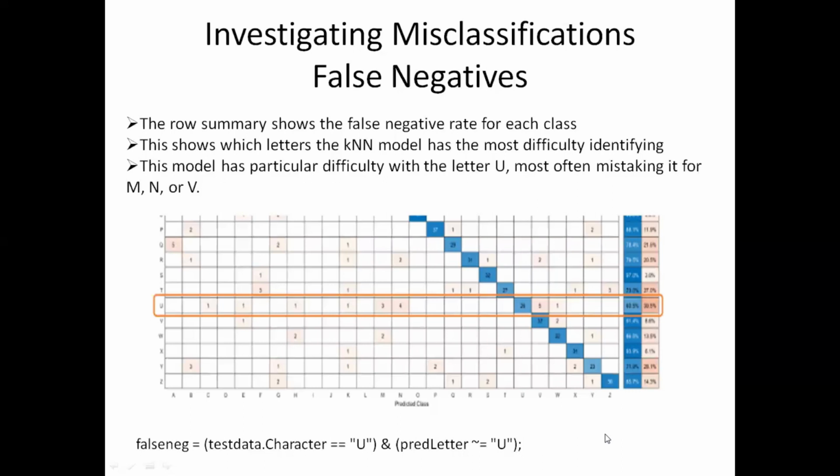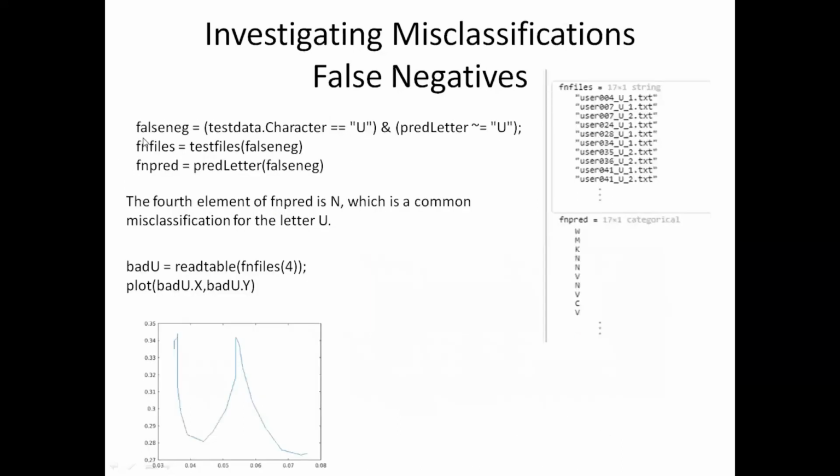Once we obtain this false negative, we will use the data in that variable to identify the test files for which there is misclassification. We ask the program to list out the names of the files where the classification has been done improperly, and you can see that listed here.